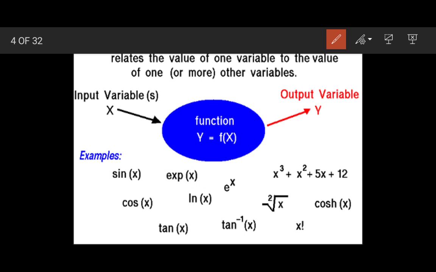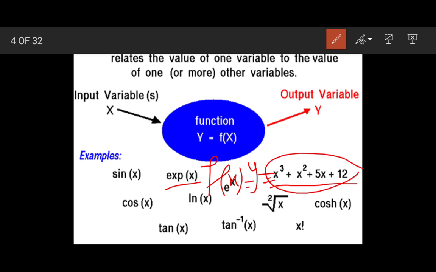This is an example of function. Then this equation, x cube plus x square plus 5x plus 12. So either y is equal to this, or f of x is equal to this. In both cases, this is known as a function.